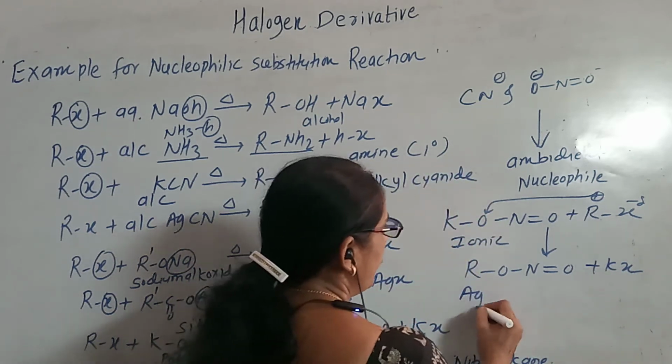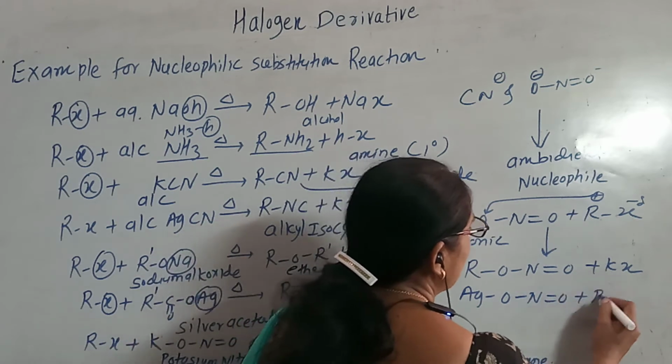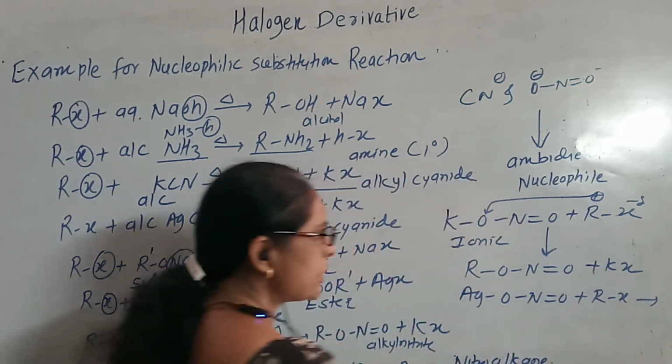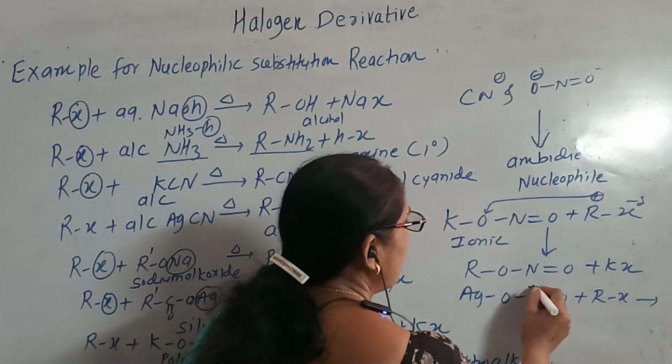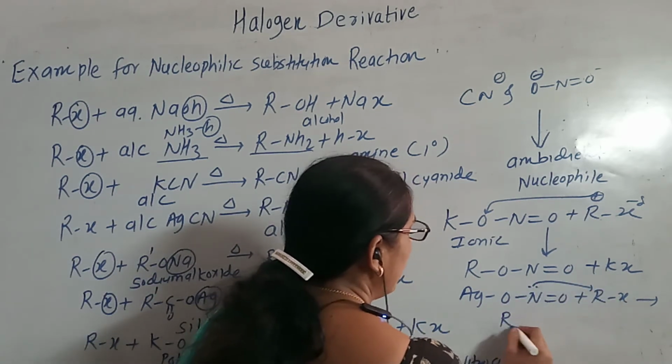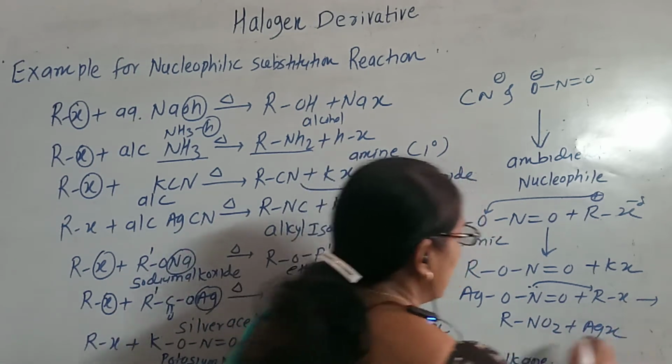In case of silver nitrite when reacted with alkyl halide, again the R group is attached with the lone pair of the nitrogen, and you get a nitroalkane instead of the nitrite group.